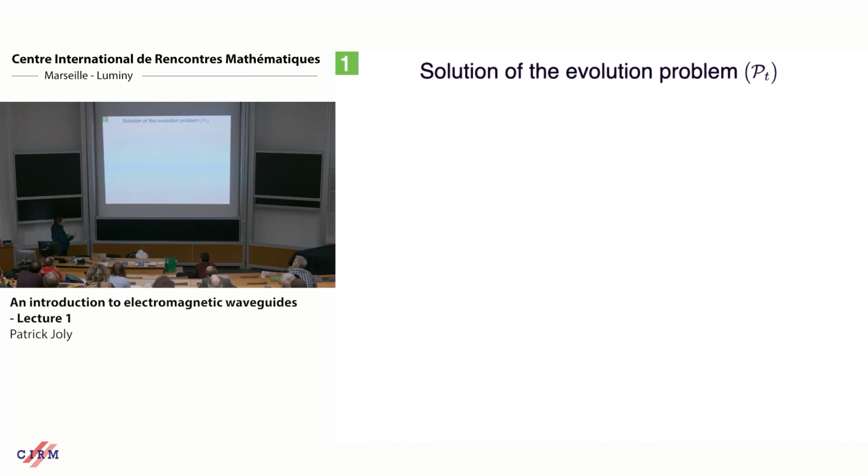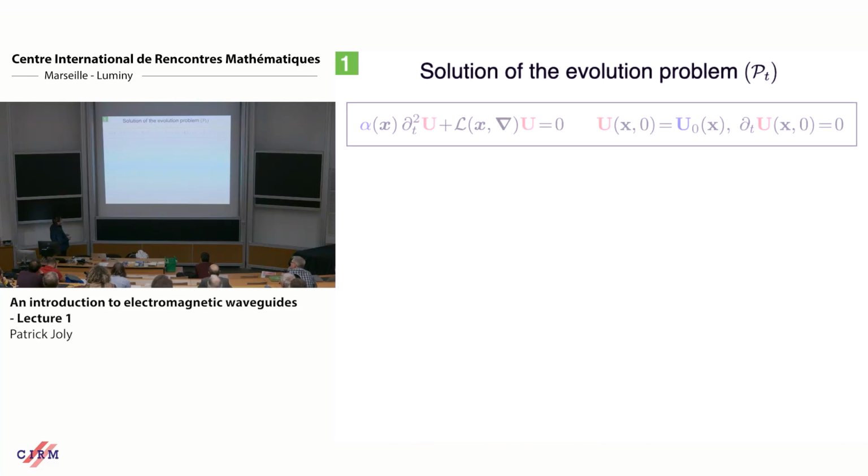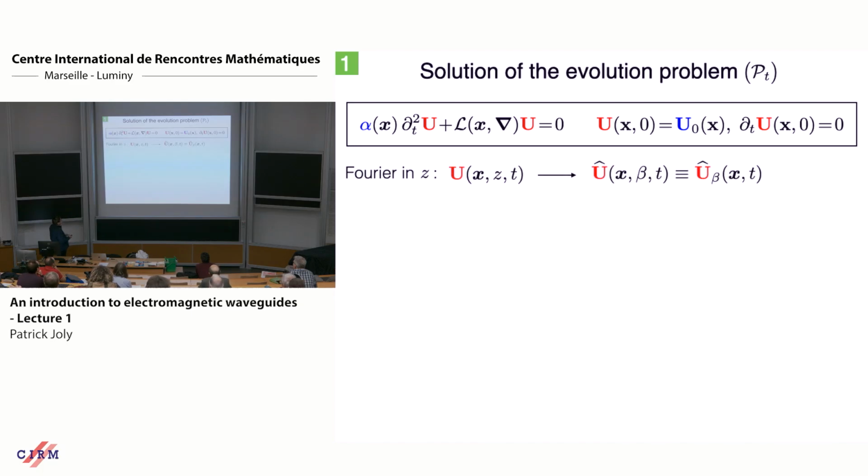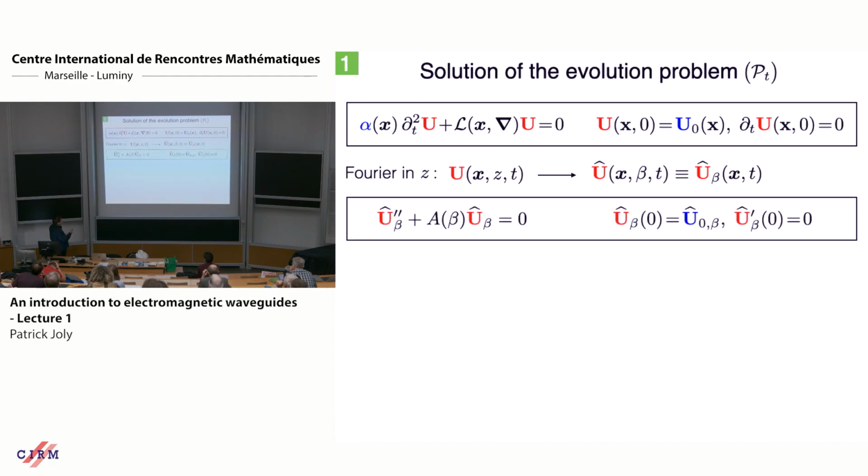So just to finish this first part, how it can be used for solving the time evolution problem. For instance, I have simplified by considering U0 as the only data of the problem. What you can do is apply a Fourier transform in Z, so that each U beta function, a 2D function, this time satisfies this evolution problem where you make appear the operator A of beta.